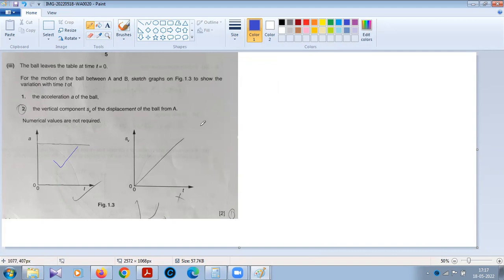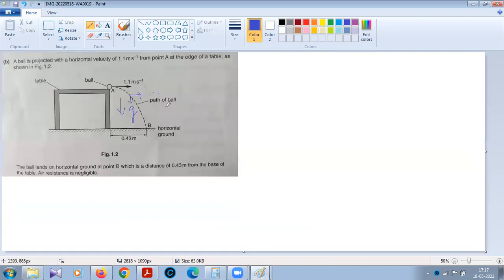Next, the vertical component sV of the displacement of the ball from A. Shouldn't it be constant, like a is constant acceleration?